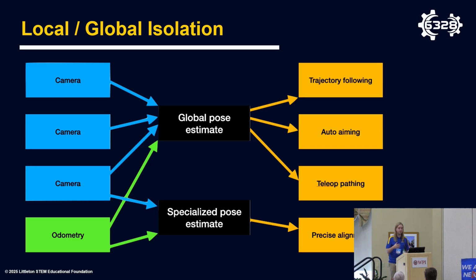What that means is when our auto-align algorithm went to score on the reef, it wasn't just using the closest April tag, but whichever April tag it knew was correct relative to the branch that it wanted to score on. So it was very intentional, and there was no chance of interference from other tags on the field, because that data was never incorporated into that estimate for each individual tag.